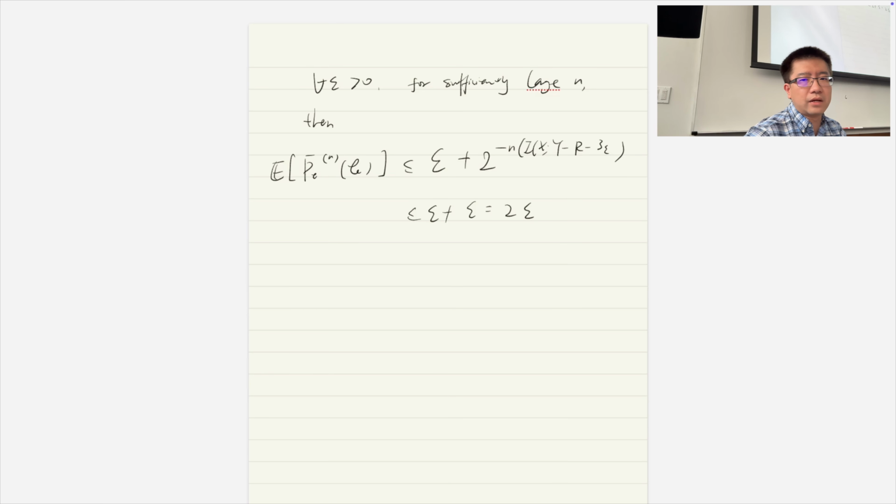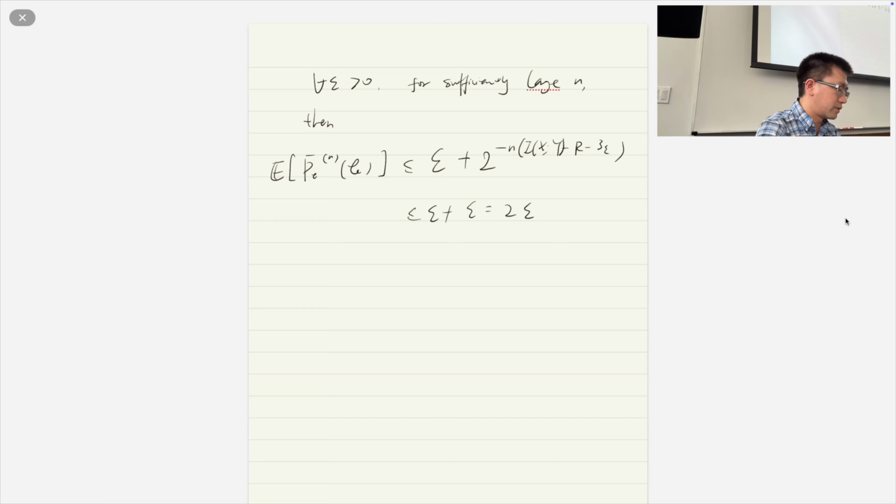Okay, so what does that tell you? This inequality tells you that if the exponent is negative, then as n goes to infinity this term will go to 0. To make sure the exponent is negative, we only need to make sure this is bigger than 0.